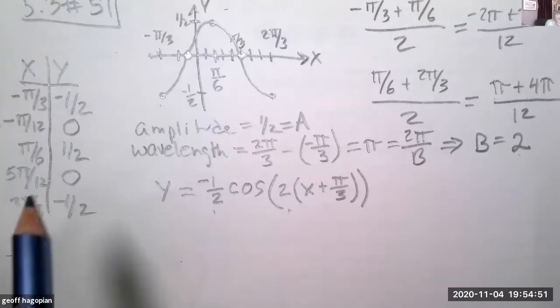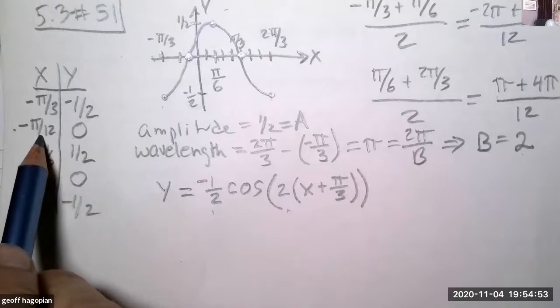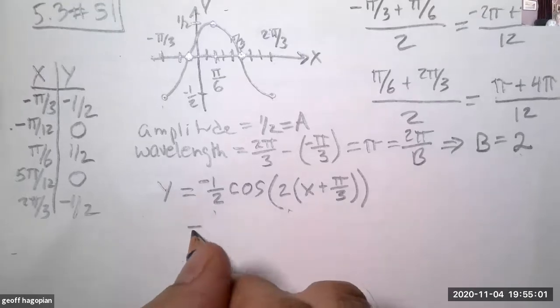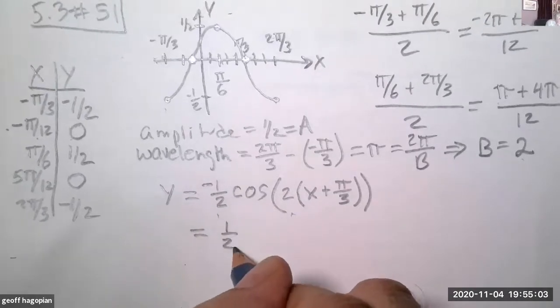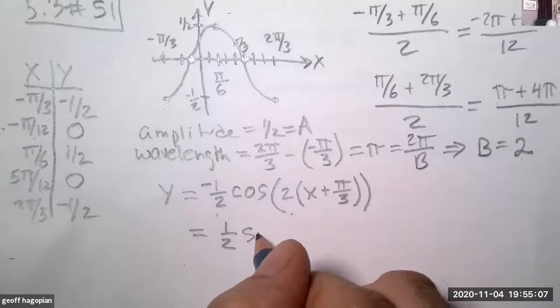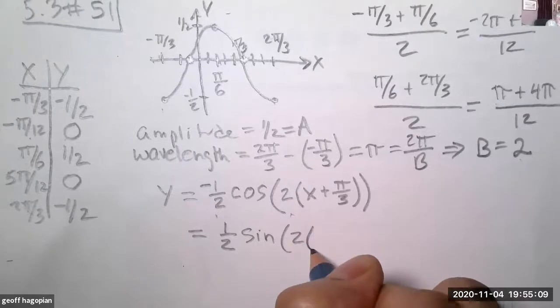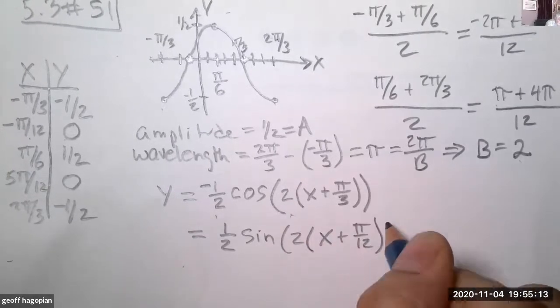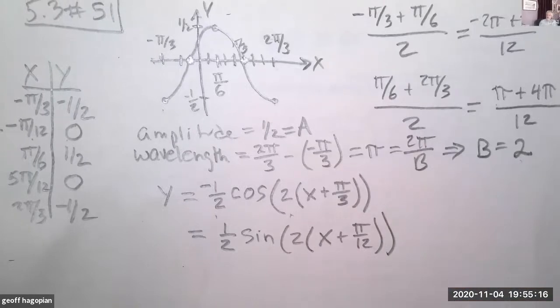And the phase shift, so we're at equilibrium when x is negative pi over 12, right? And so I would write this as positive 1/2 because we're starting at equilibrium and going up. Sine, b is 2, x plus pi over 12, right? So that's a shift to the left of pi over 12.